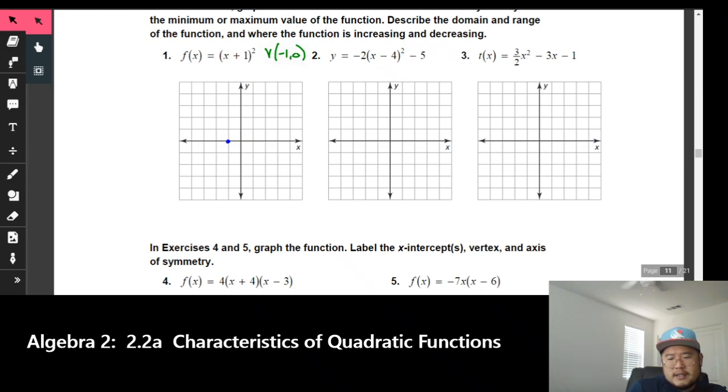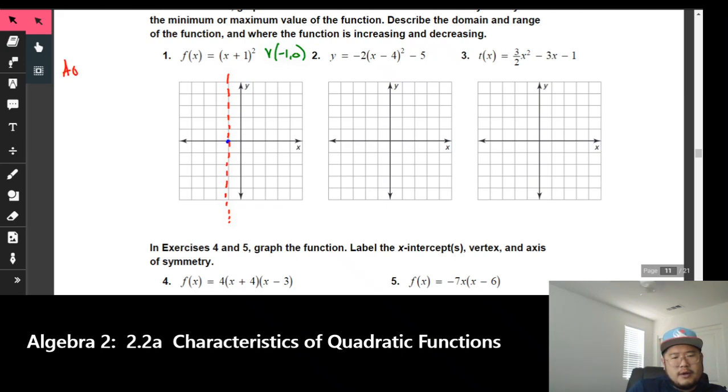Next up, it says label the vertex and the axis of symmetry. Since this is already in vertex form, I don't need to worry about x is equal to -b over 2a. Remember, the axis of symmetry is a line that goes through the vertex. It is an equation of a vertical line.